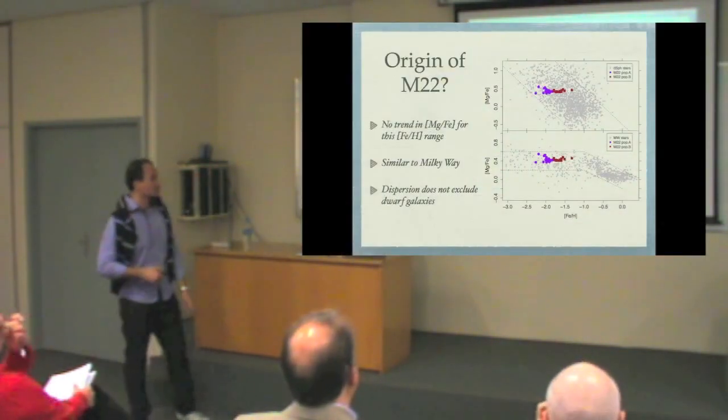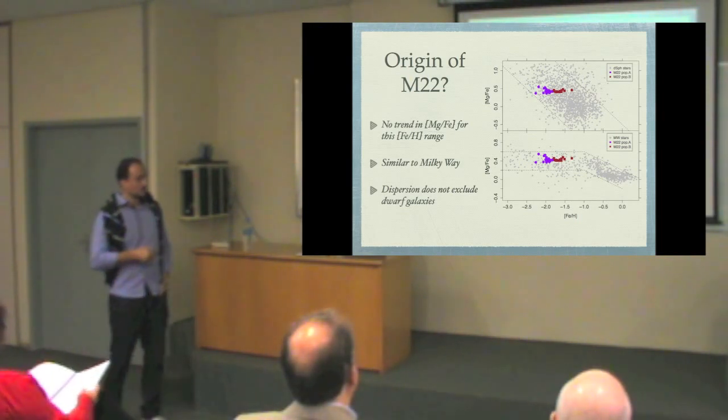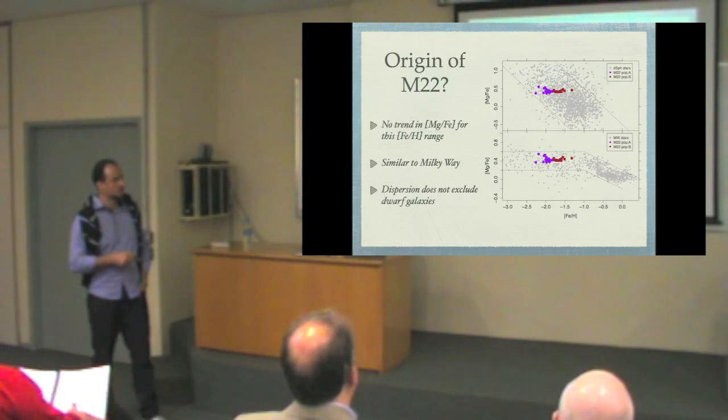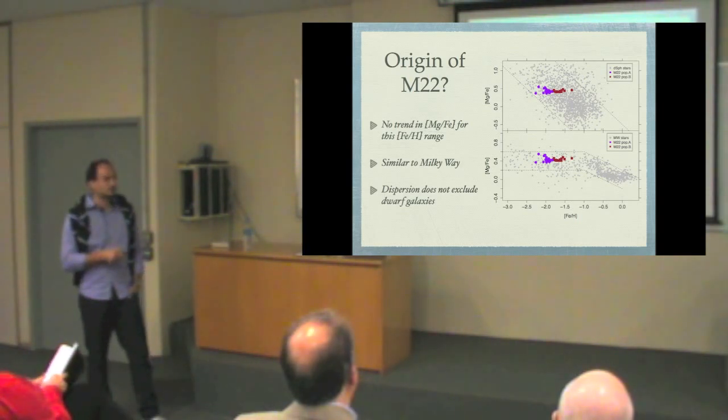And another thing that we can derive from our results is in this plot again, for magnesium versus iron. So we have that as supernova type 2 and type 1A for the Milky Way and for a bunch of dwarf galaxies.